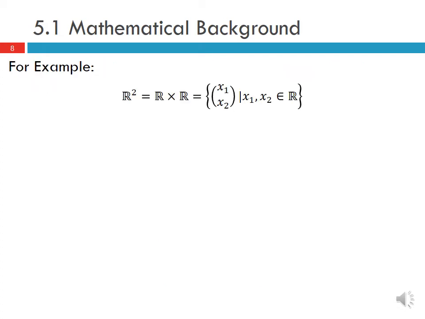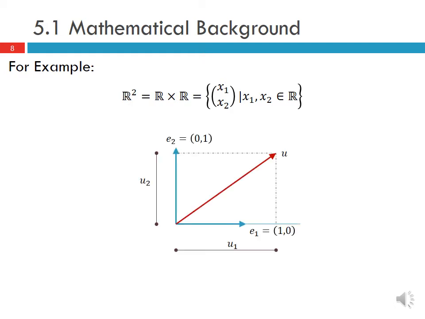So for example, we can consider R2. If n is equal to 2, R2 can be represented as R by R, and each element of R2 has two components, for example, x1 and x2, and each of those x1 and x2 are real numbers. This is graphically how we represent an element in R2.